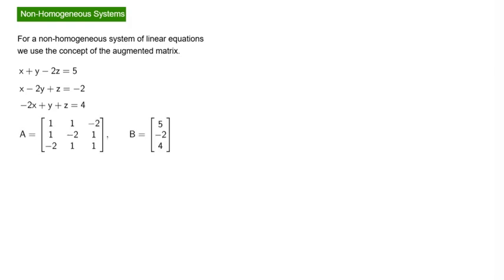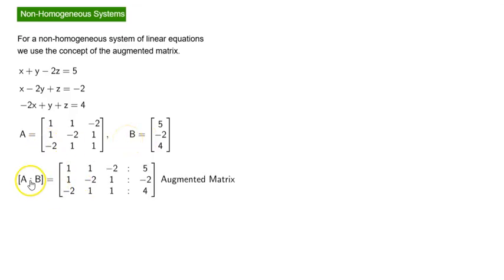Now, let's write the coefficient matrix and the constant matrix as A and B. Then the matrix which contains the coefficients and the constants differentiated is called an augmented matrix.